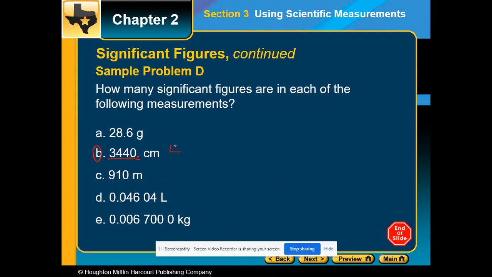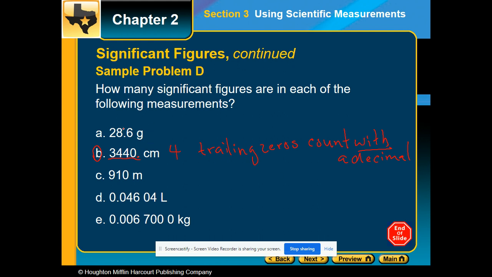So this one has 4 sig figs, and it's because trailing zeros count with a decimal, not without, okay? So with a decimal, they count. Without, they do not. All right, so that is why it has 4.